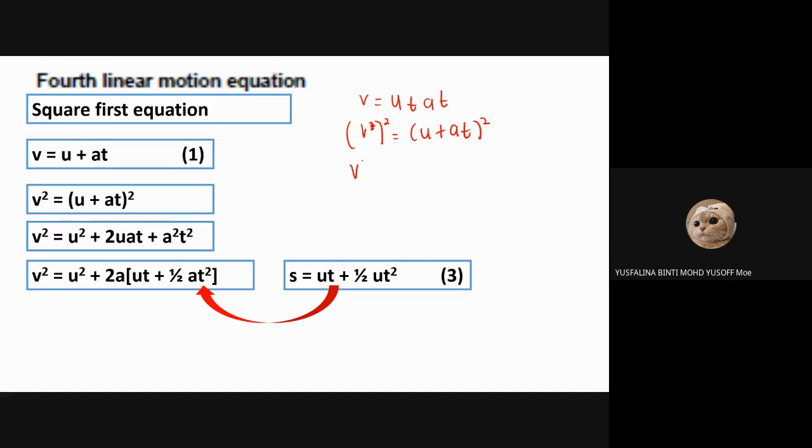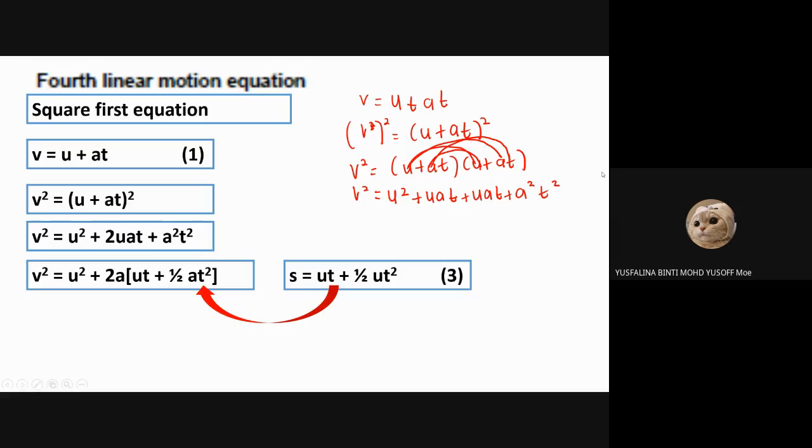So V square is actually U plus AT times U plus AT, right? So V square, U multiplied by U is U square, U multiplied by AT is plus UAT. And then this one also, you multiply AT multiplied by U, you get plus UAT. And then the last one, AT multiplied by AT, you will get A square T square.